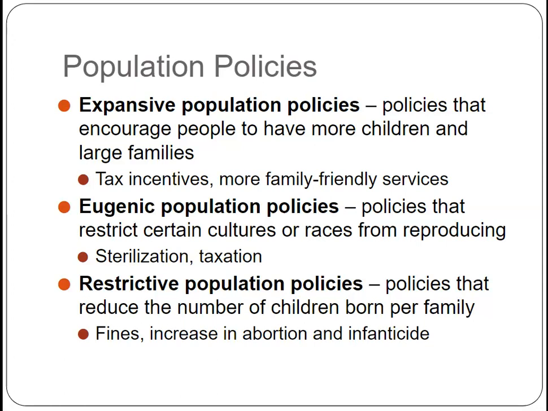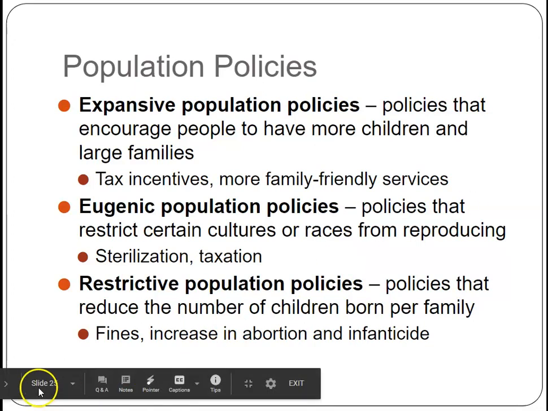Okay, so restrictive population policies is the government putting actions in place that are going to reduce the number of children born per family. And all three of these are going to be government and policy driven, all right? It's going to be a top-down type effect.